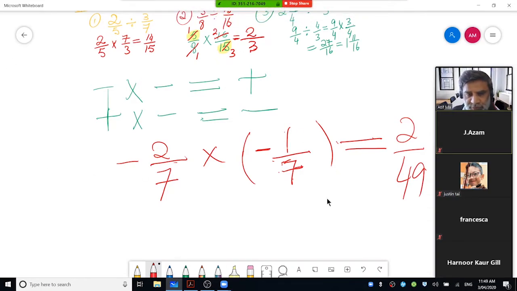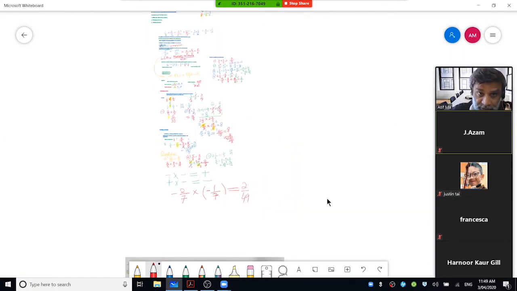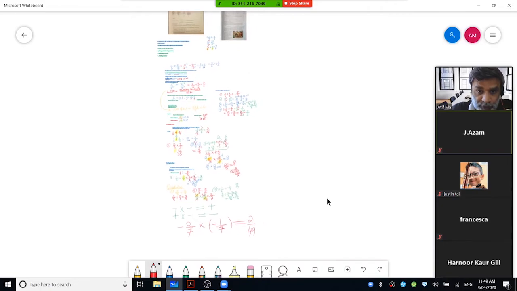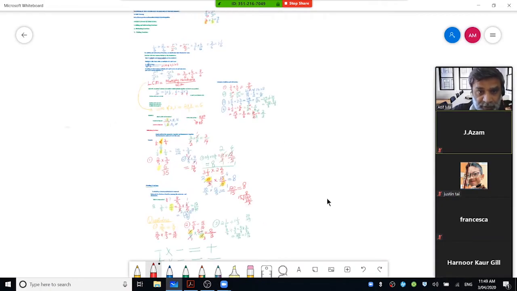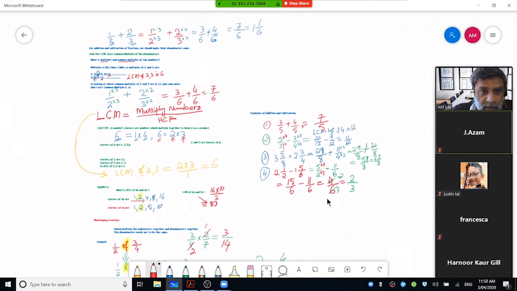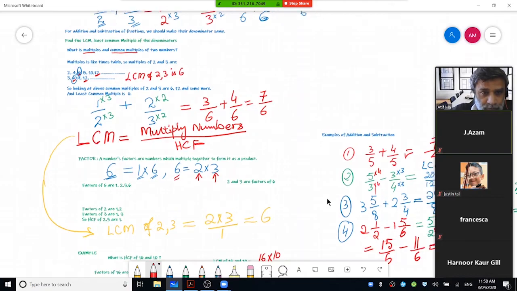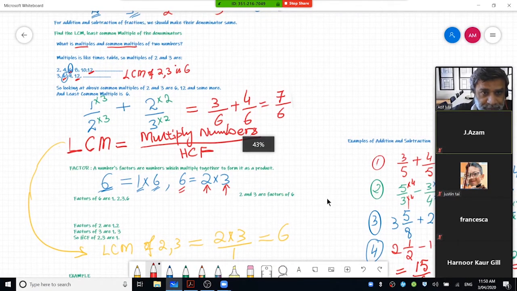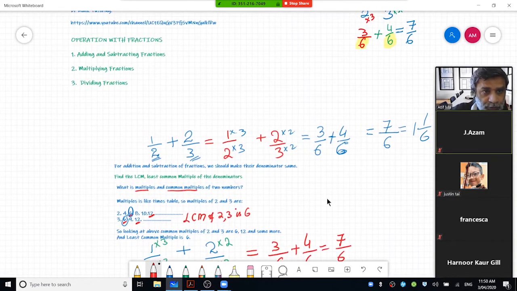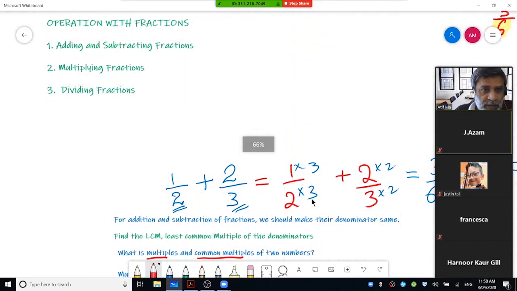So I finished my lecture, but before the lecture is finished, I would quickly revise it so that you know what we have learned today. Today we were doing adding and subtracting fractions, and then multiplying fractions and dividing fractions.